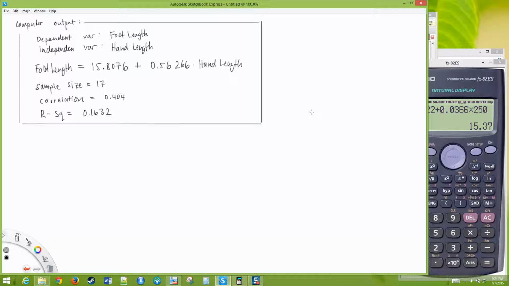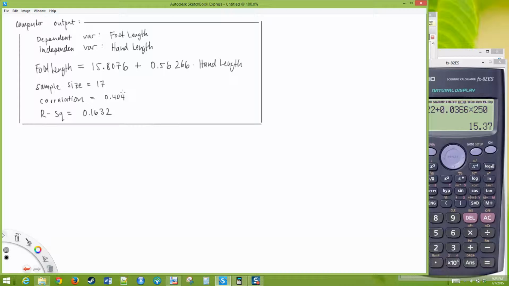And by and large, I imagine LeBron James has big hands and he probably has big feet, okay? So anyway, that's what we're doing. We're trying to predict how long someone's foot is based on how long their hand is, okay? And we get 17 data points to create our equation, and then we can say, okay, well, if I take someone else and we measure their hand length, then we can make a prediction for foot length.